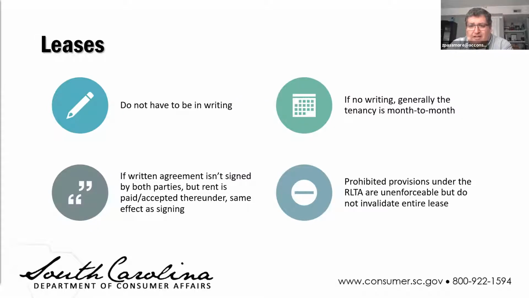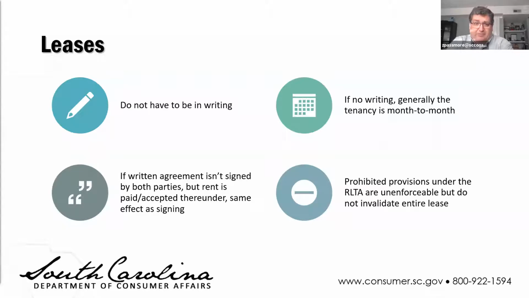Rental agreements that are not in writing or are unsigned but provide for a term longer than a year are only effective for the term of 1 year to comply with what's known as the statute of frauds. If the written agreement isn't signed by both parties but rent has been paid and accepted under that, that has the same effect as signing, so that would be a lease that is enforceable.